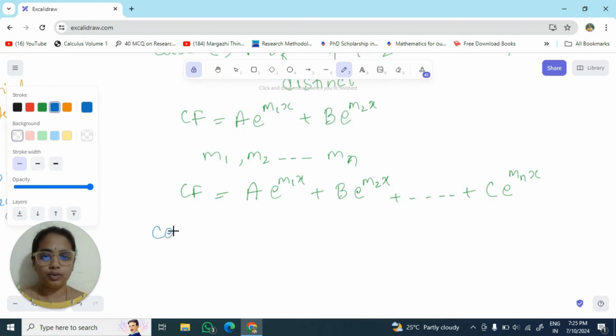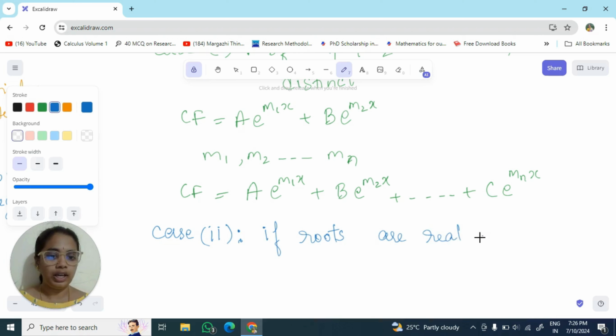Moving on to case 2, what happens? What if the roots are real and equal? Say for example we have two roots and those are equal, m1 equals m2 equals m.